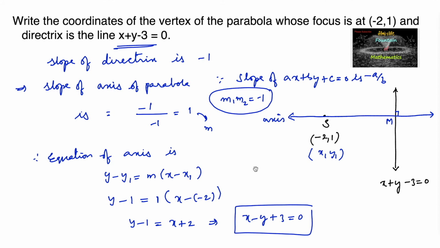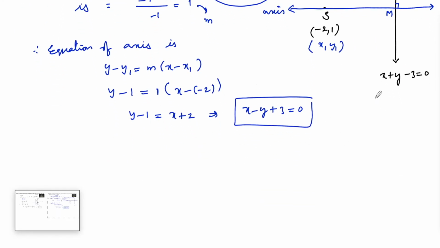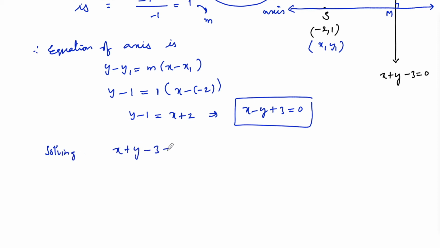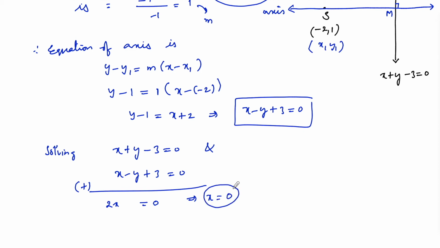By solving these both, we will get the point M. So solving x plus y minus 3 is equal to 0 and x minus y plus 3 equals 0, by adding both we get 2x is equal to 0, so that is x is equal to 0.